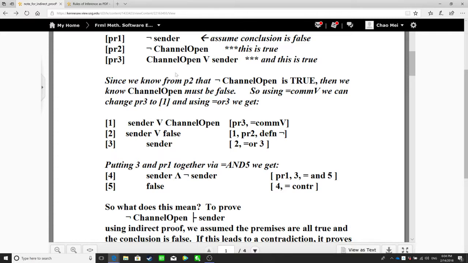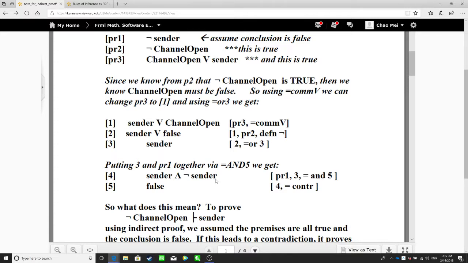Because what we already know is number PR3, channel open or sender is true, right? Channel open or sender is true. Now we know that channel open is false, then sender has to be true. Okay, basically 1, 2, 3 says this. Sender has to be true. So if sender has to be true and negation sender has to be true, that's a contradiction.